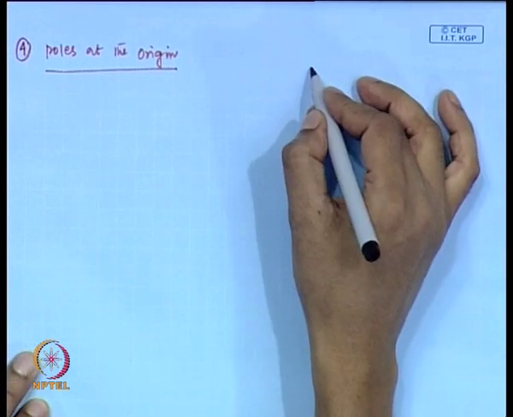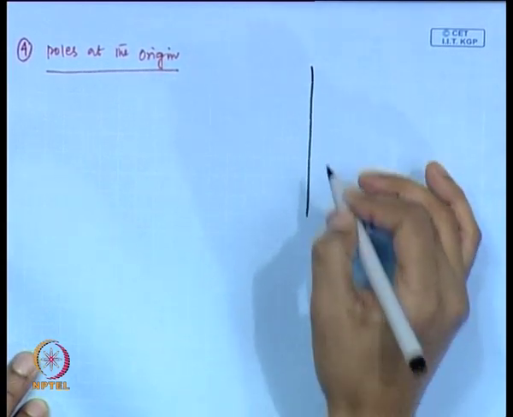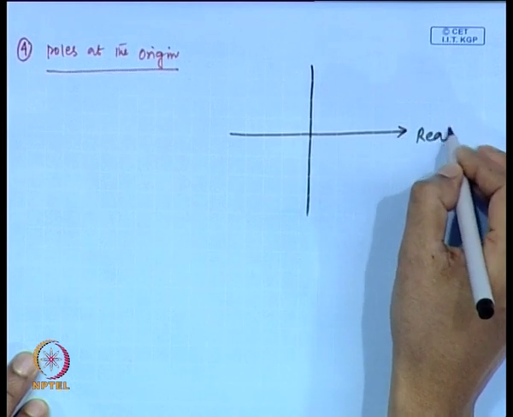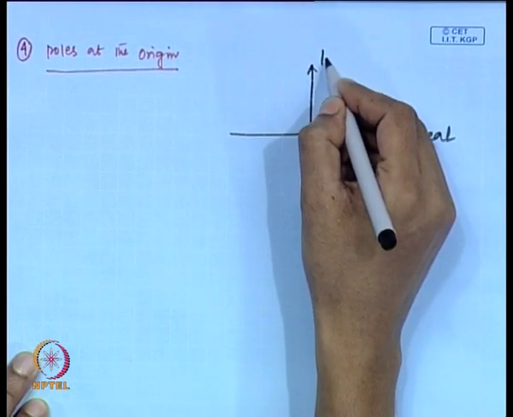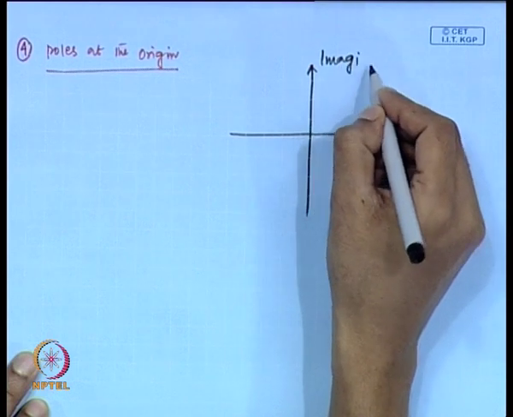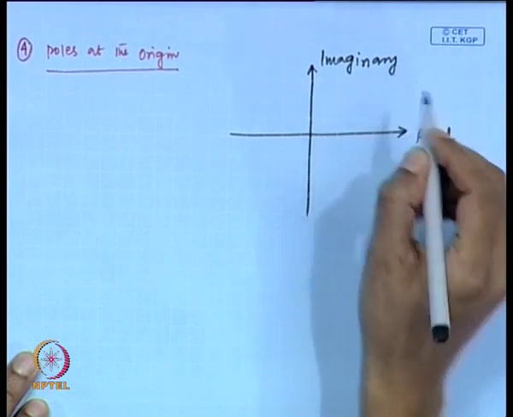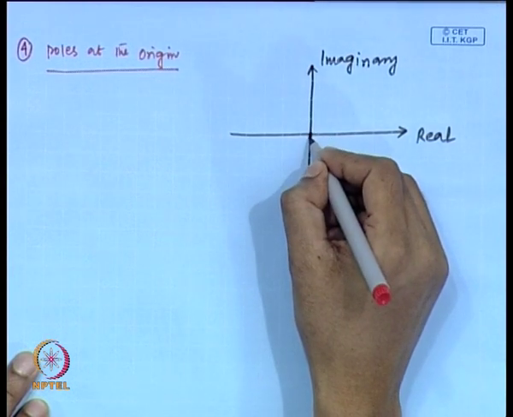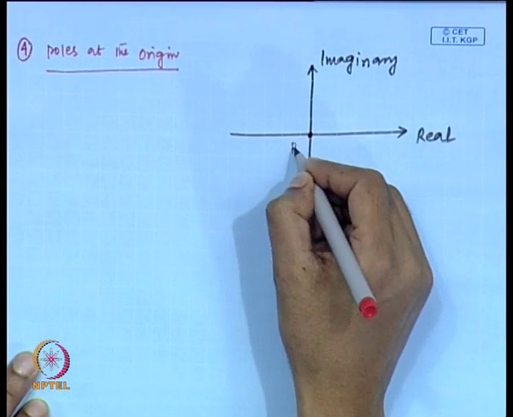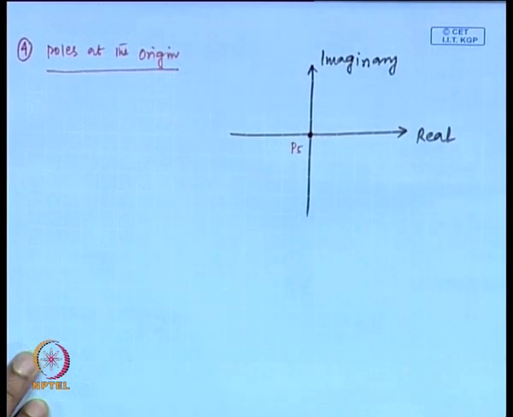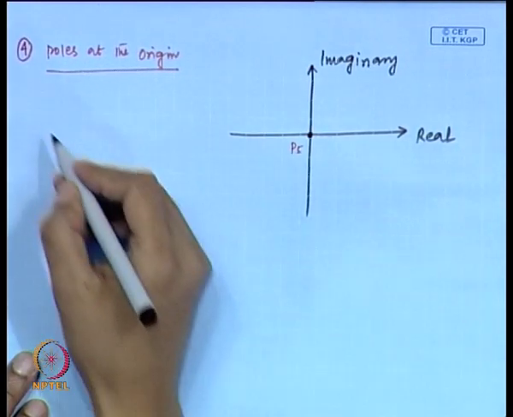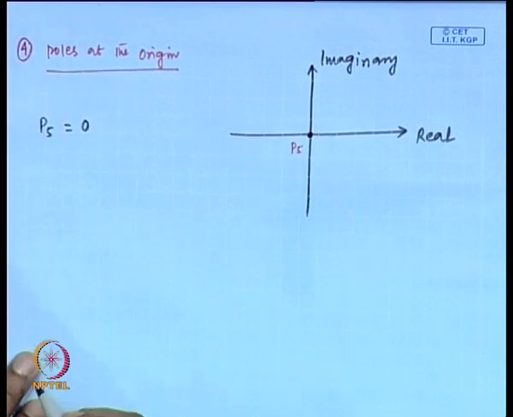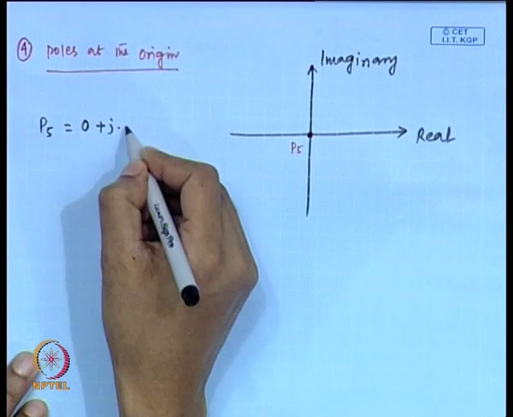I mean if we draw the complex plane, this is real and this is imaginary, the pole P 5 is present here, this is P 5. That means P 5 equal to 0.